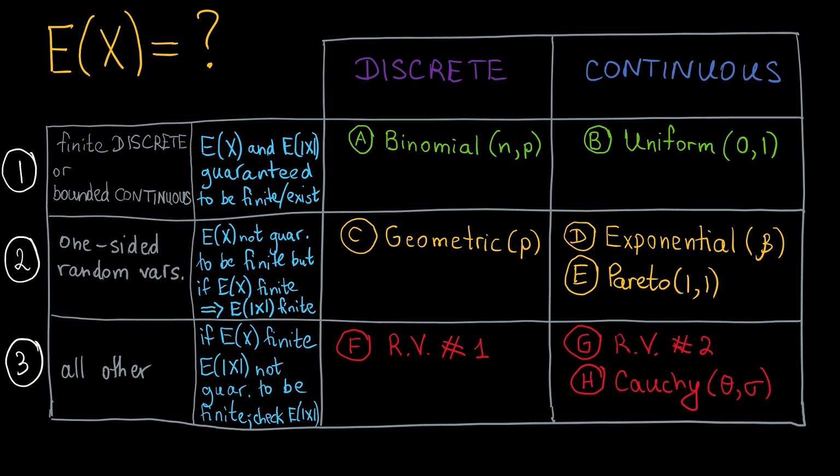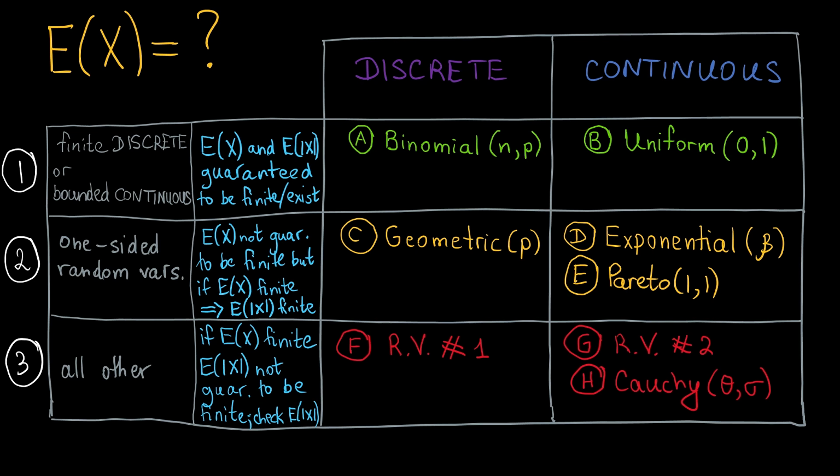For these, the expected value of x is not guaranteed to exist. However, we will show that if we work out the expected value of x to be finite, then the expected value of the absolute value of x, that condition that needs to hold, will hold automatically. And that is because variables like the geometric or the exponential are one-sided.